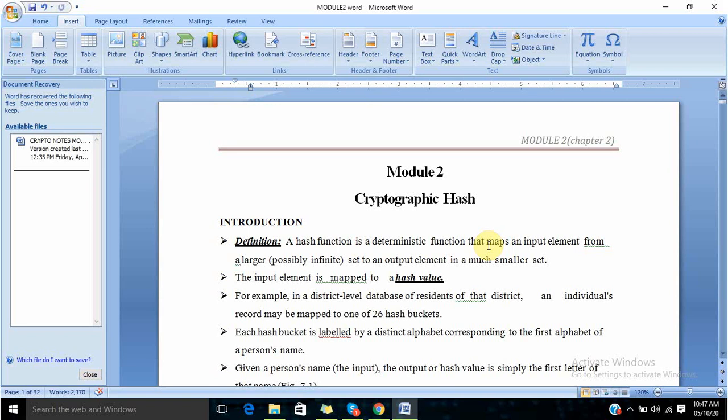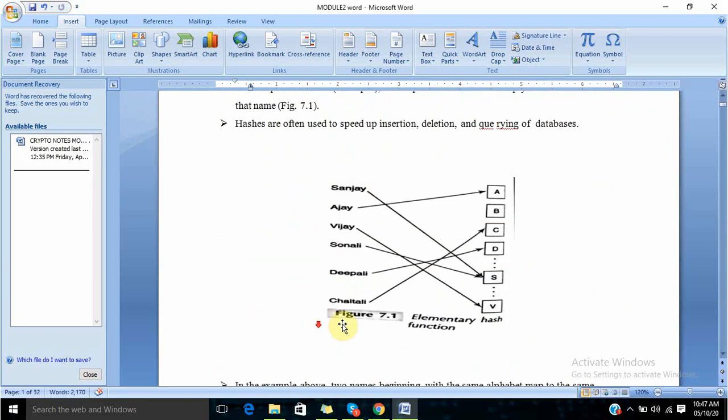For example, students, we have a list of names. As you can see here, this can be a lot of names. There may be 100 names, there may be 200 names. But on the right-hand side, you can see we have only 26 letters. This is a smaller fixed set, and the one on the left is a larger set.